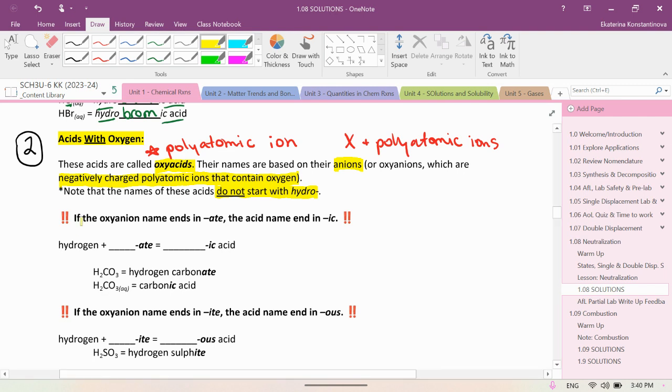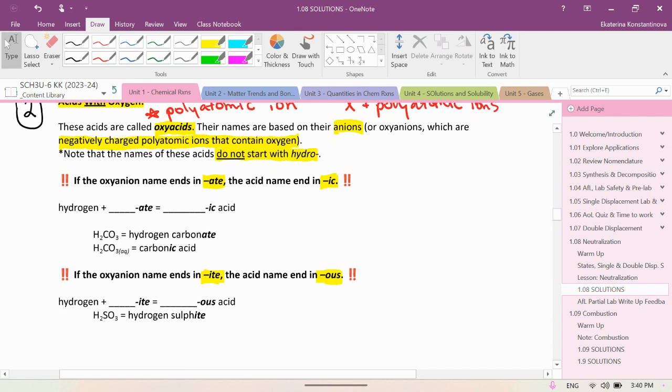Instead, if the anion ends in ate, your ending is ic, and if it ends in ite, your ending is ous. Okay, so here's an example. Here's your generic formula to remember: if I have hydrogen plus carbonate and I don't see that aqueous state, it's just going to be hydrogen carbonate, the way you would name any compound.